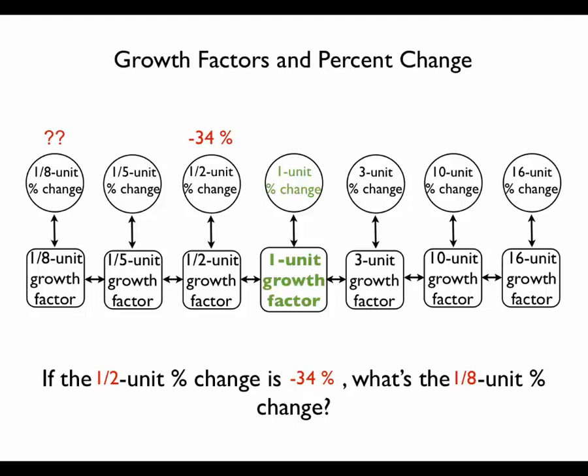I need to get to the attendance spreadsheet. So write down the problem. Negative 34 is the half unit percent change. What's the 1/8 unit percent change? Those are the three things you need to write down, because I need to take this screen away. Got it?